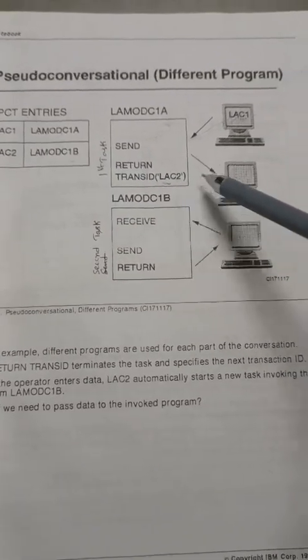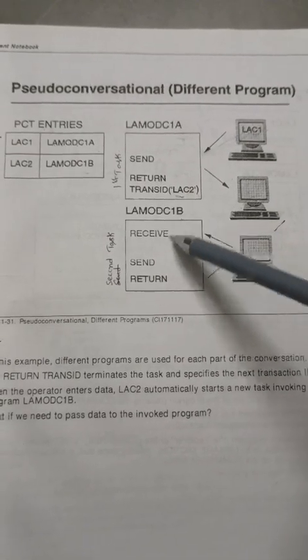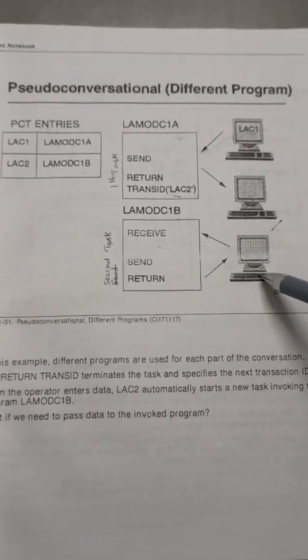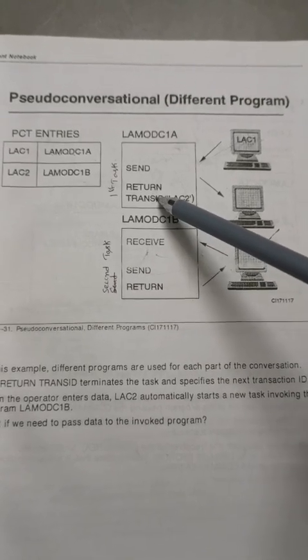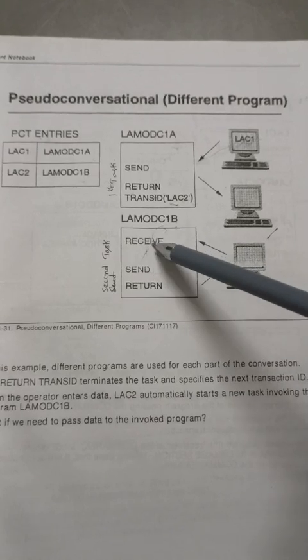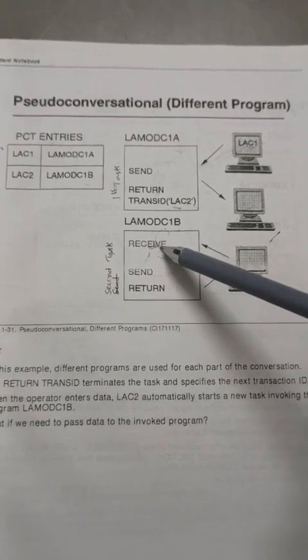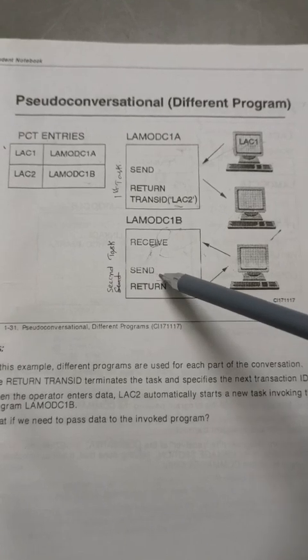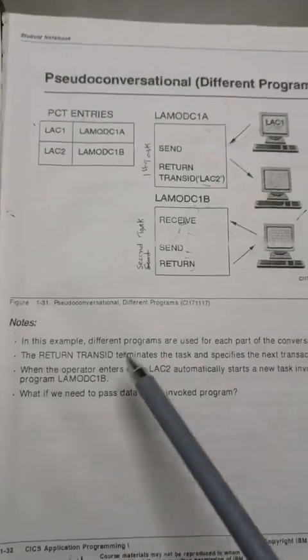So it will go to the terminal and call the 1B program. When the transaction is done and a return transaction ID is issued, it will call the 1B program, which receives the messages from the 1A program, processes them, and sends them back to the previous main program.